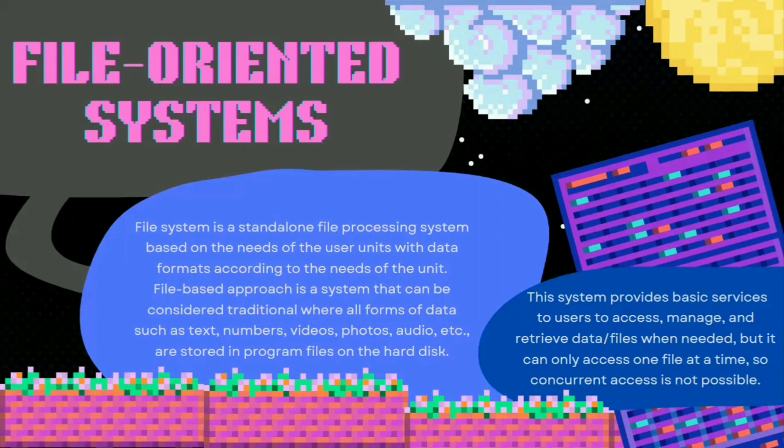This system provides basic services to users to access, manage, and files when needed, but it can only access one file at a time. So concurrent access is not possible.